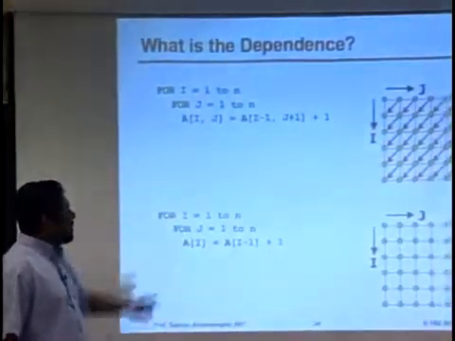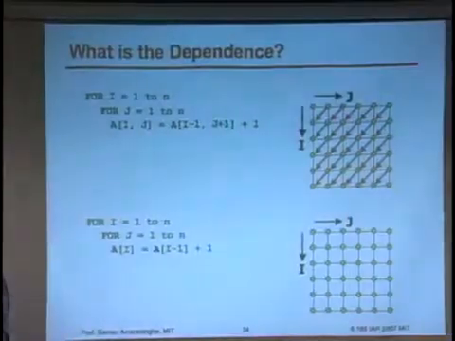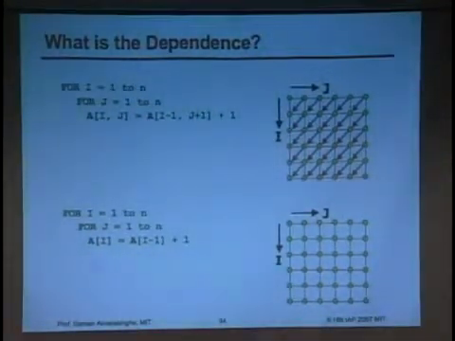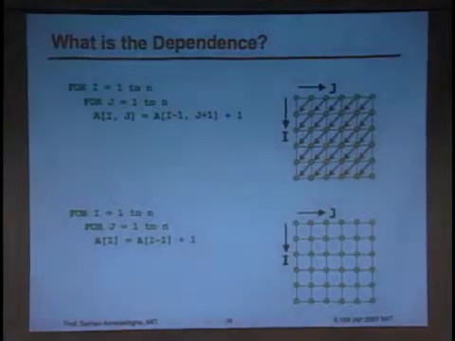Okay, this one is even more interesting. It's only a one-dimensional array, but a two-dimensional loop nest. So what that means is we have to ask who's writing and who's reading.